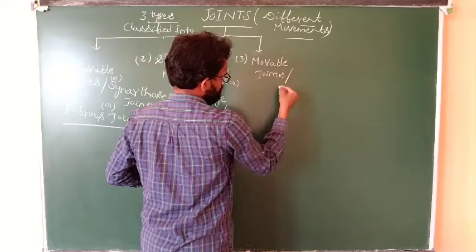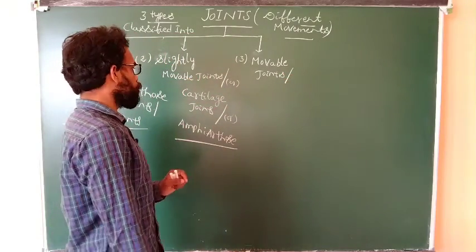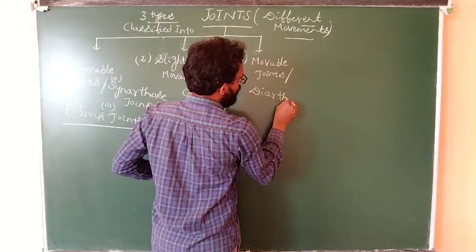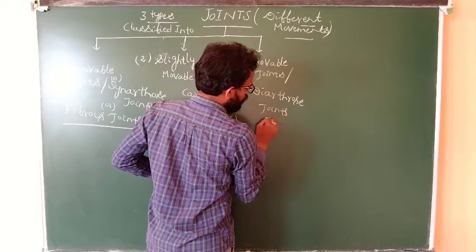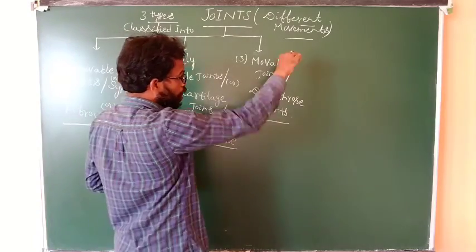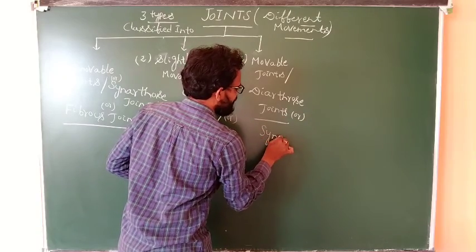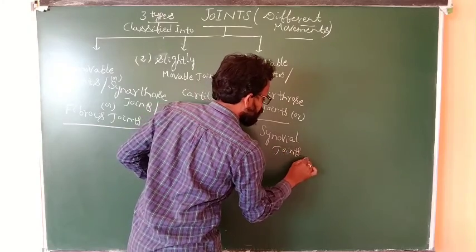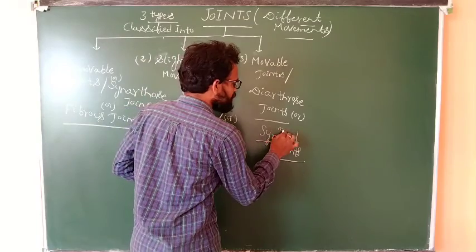These movable joints are also known as diarthrose joints, also known as synovial joints. What is the third type? Synovial joints.